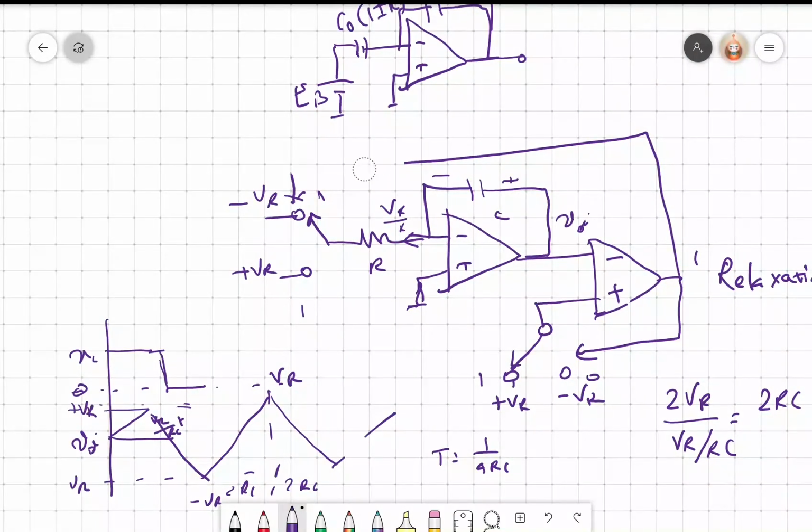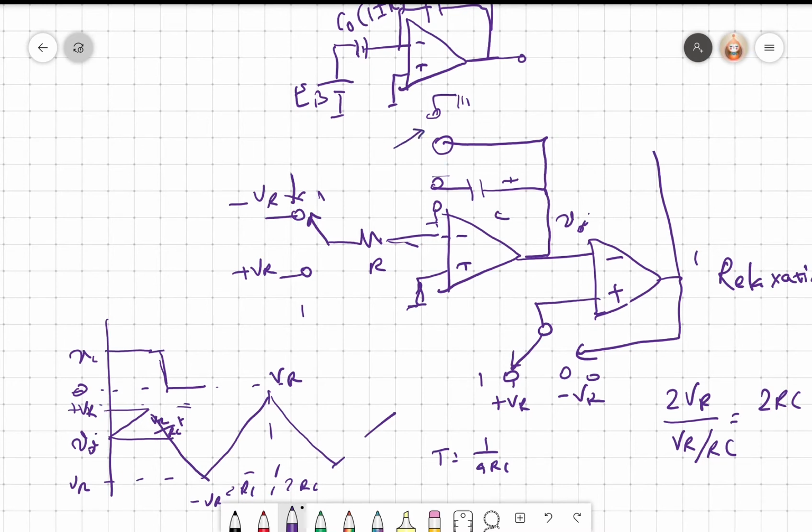Now we use the same oscillator. What we do is we now put the capacitors. We put this is ground, this is ground, and I think I'll have to redraw this completely, right?